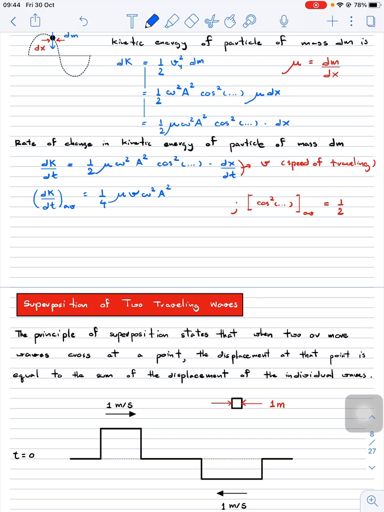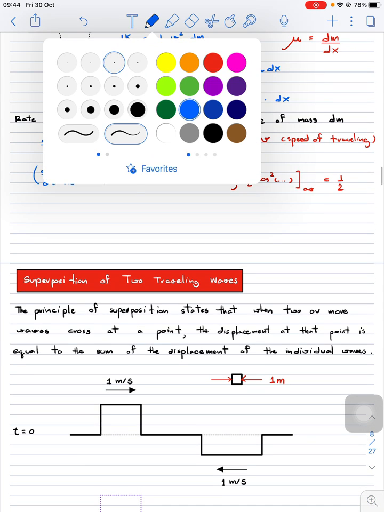So what can we conclude from this equation? Now you can see that it just depends on the v, the speed of the traveling. So what does it mean?